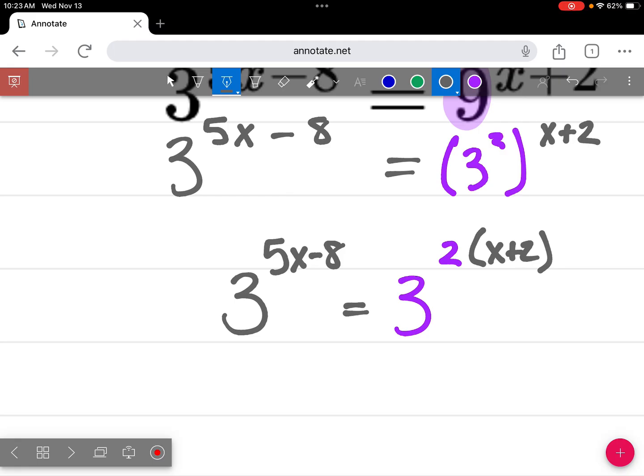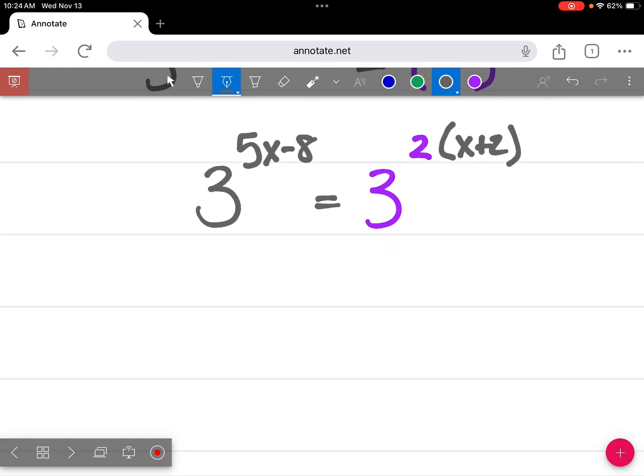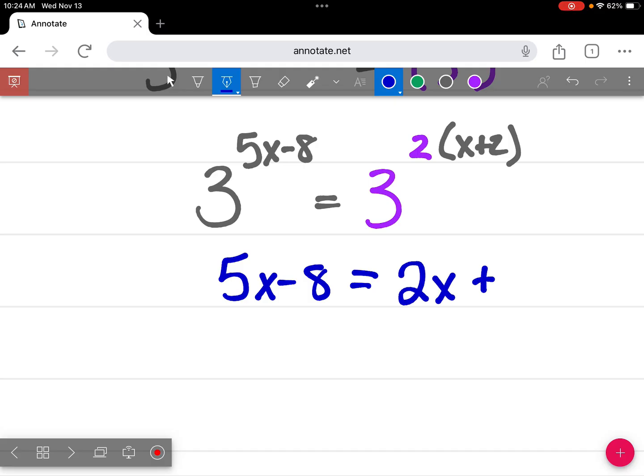Now I have the same base, so now I can just look at my exponents, my 5x minus 8 and my 2 times x plus 2. So I want to know, when does 5x minus 8 equal my 2 times x plus 2? I'm going to distribute that out: 2x plus 4.